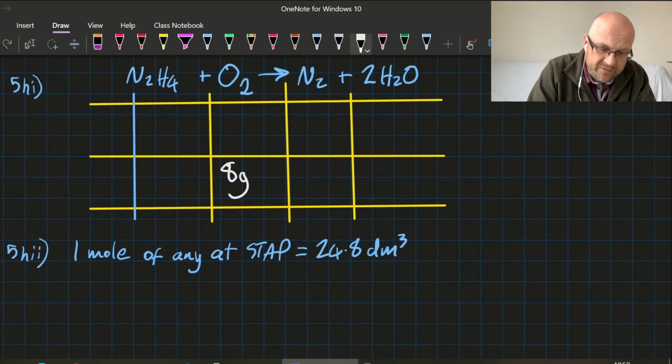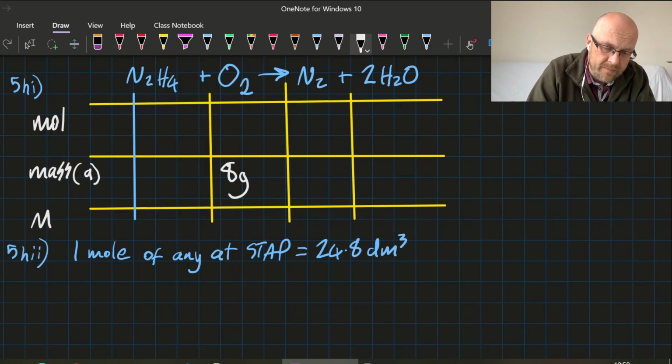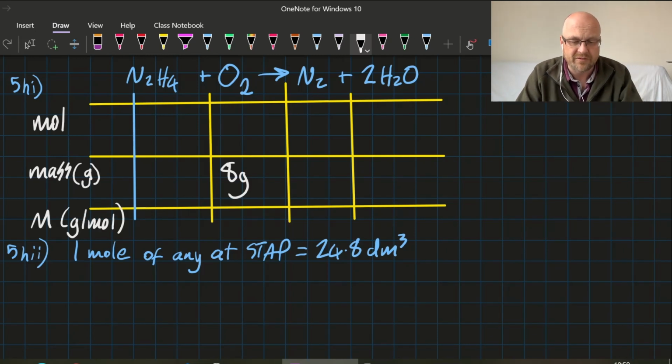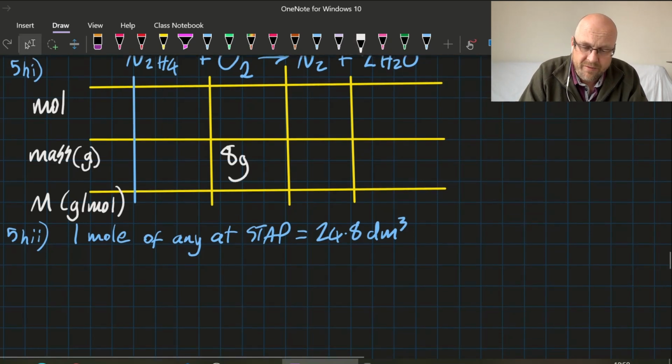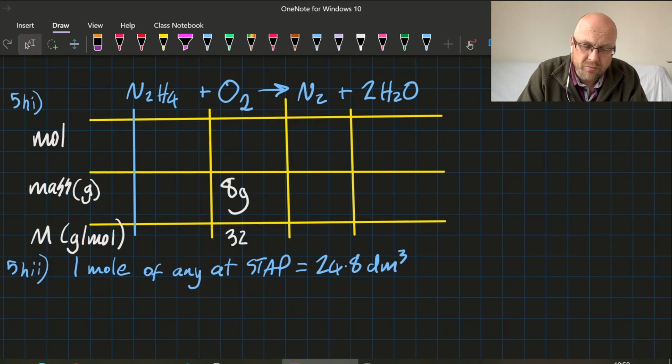I like to use the boxes method. So that's moles, mass, molar mass. I also like to put the units in case I forget later, and then I'm covered myself. The molar mass of oxygen is 32, not bothering with decimal places, and so moles is mass over molar mass, so that's going to be 1/4.